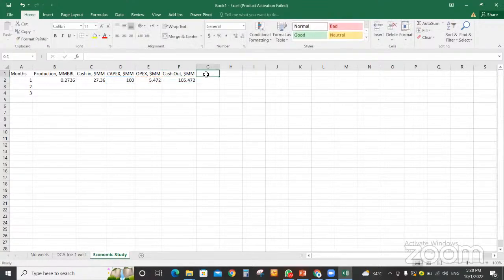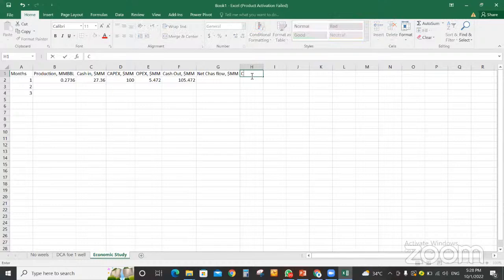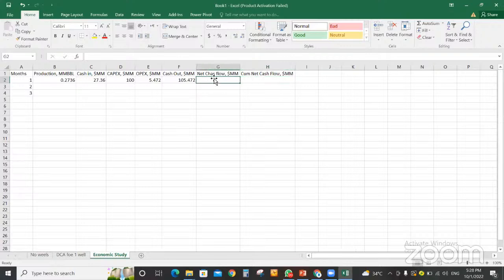Then here we will have the column of net cash flow in $1 million, and also the cumulative net cash flow in $1 million. The net cash flow will be equal to the cash in minus the cash out. The cumulative net cash flow at the first month will be equal to the net cash flow.